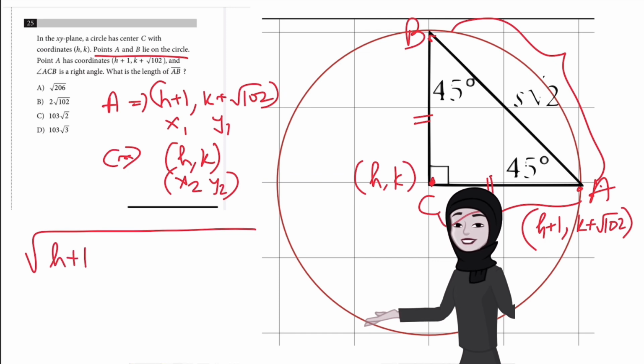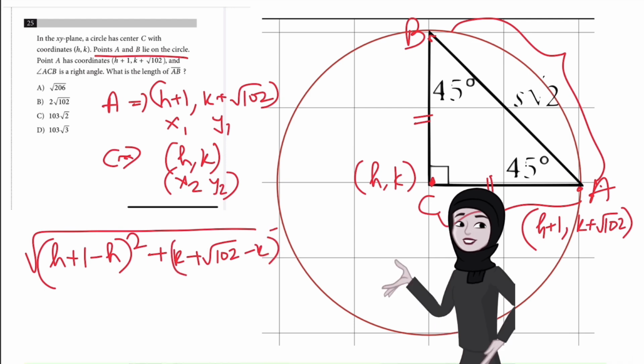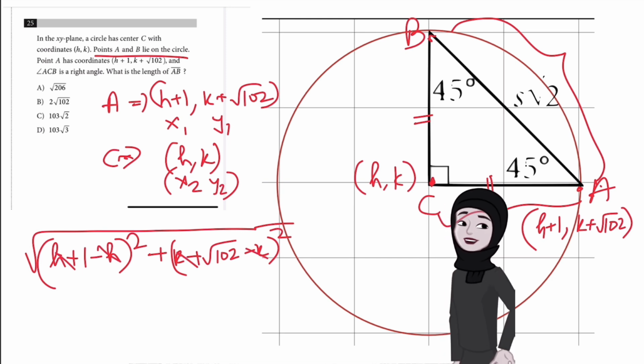So once we substitute this, what will we get? We will get square root of h plus 1, so we are subtracting the x coordinates, minus h the whole squared. Then we are subtracting the y coordinates, k plus square root of 102 minus k the whole squared. So when we do this, the h's cancel and even the k's cancel inside the parenthesis.